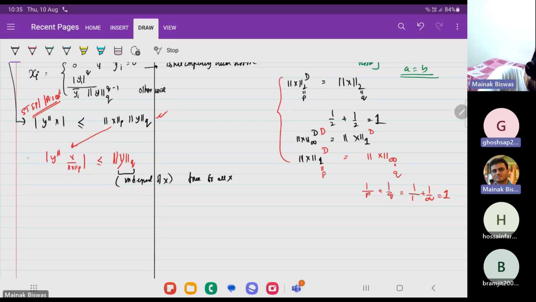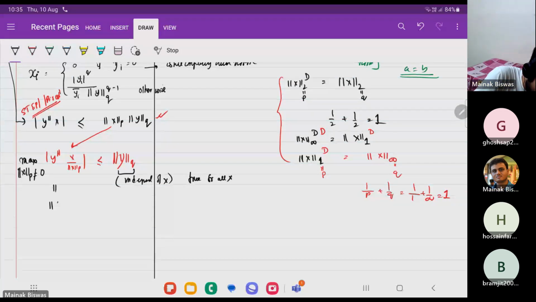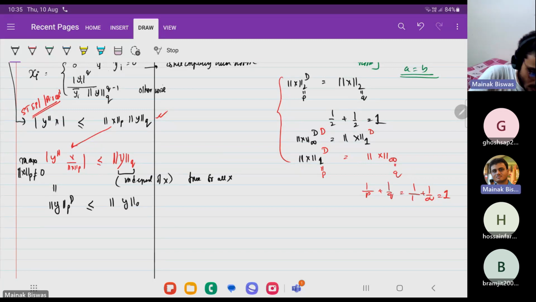So I can take the max over the left hand side, right? So what is this norm? Dual norm, and I have shown that that is equal to the q norm? Yes or no? Yes. This is trivial.